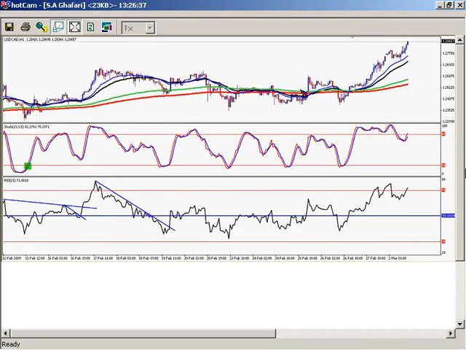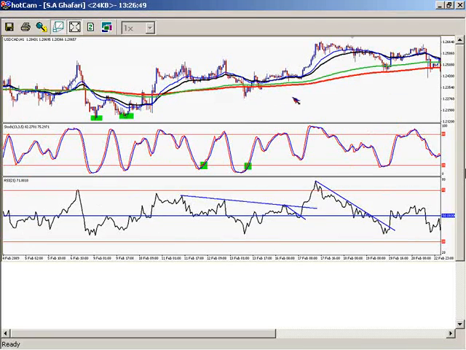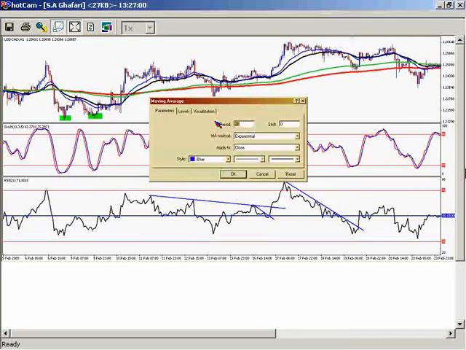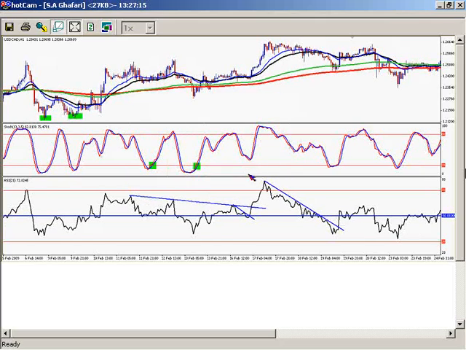I'm going to talk about short-term traders. Short-term traders can use two very simple moving averages. I can recommend using a 21 exponential moving average beside a 34 exponential moving average.